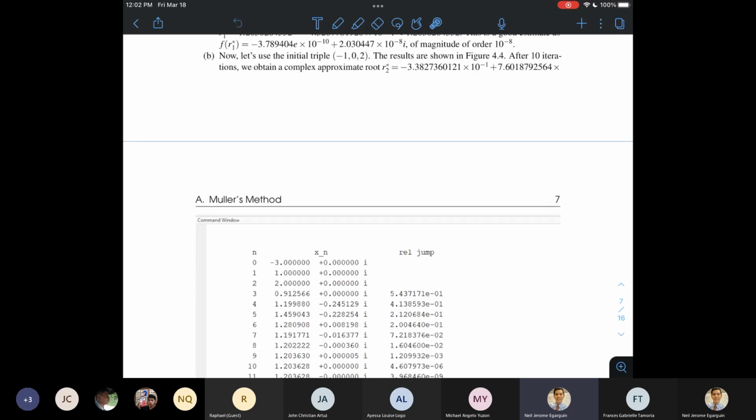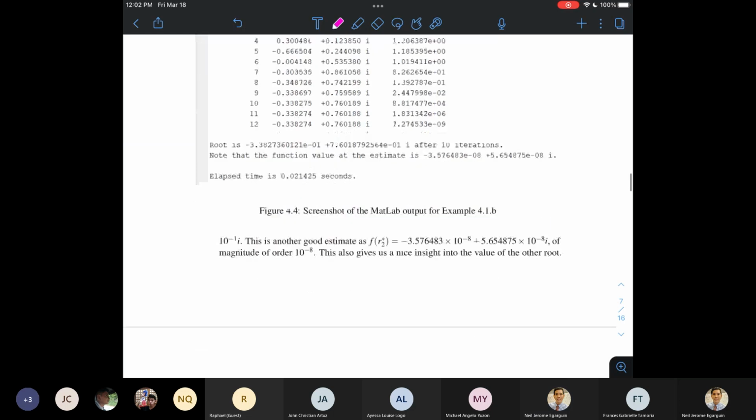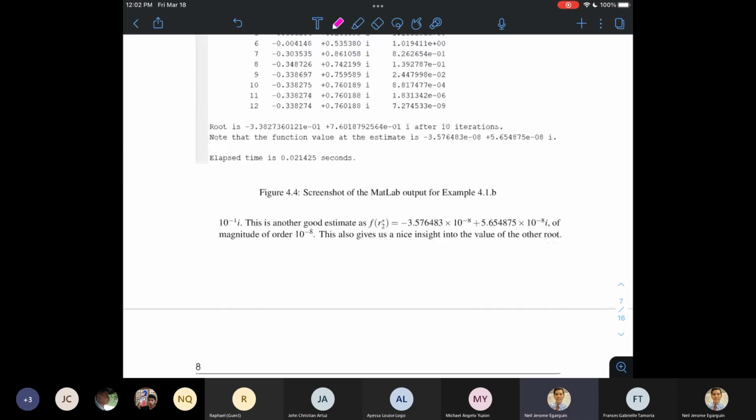Kapag meron kang polynomial, tapos meron kang complex number z, which is a plus bi halimbawa, na root niya, automatic yung conjugate nitong complex number na to, which is basically you just flip the sign of the imaginary part, is also a root of the polynomial equation. Okay? But again, true lang to sa mga polynomial equations or polynomial functions. So, laging yung mga non-real roots, they come in complex conjugate pairs. Okay? So, paglaruan yung initial conditions, makakakuha tayo ng iba't ibang mga roots.